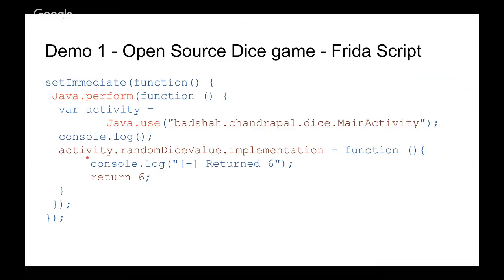Then we go with activity dot randomDiceValue, which is the function, dot implementation. So we define the implementation for this, and we are in no way going to use the older function. So whenever the button is clicked, this executes, you get the console log return 6, and then this returns 6.